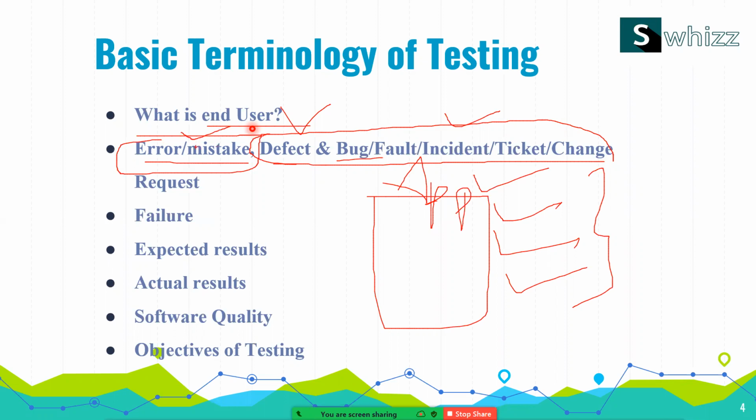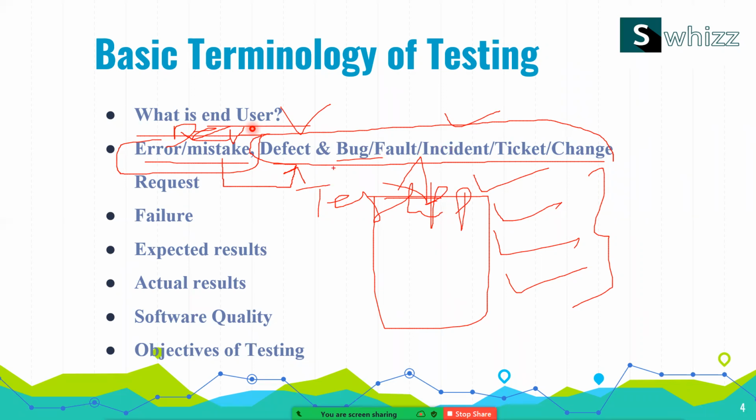While creating the business logic, if they commit some mistakes or errors, and they rectify those in their own developer environment, because developers also perform some verification, then what they find in that verification we call an error or mistake. But if you, as a tester, find the mistakes done by the developer in the testing environment, we call those a defect, fault, incident, ticket, or change request.